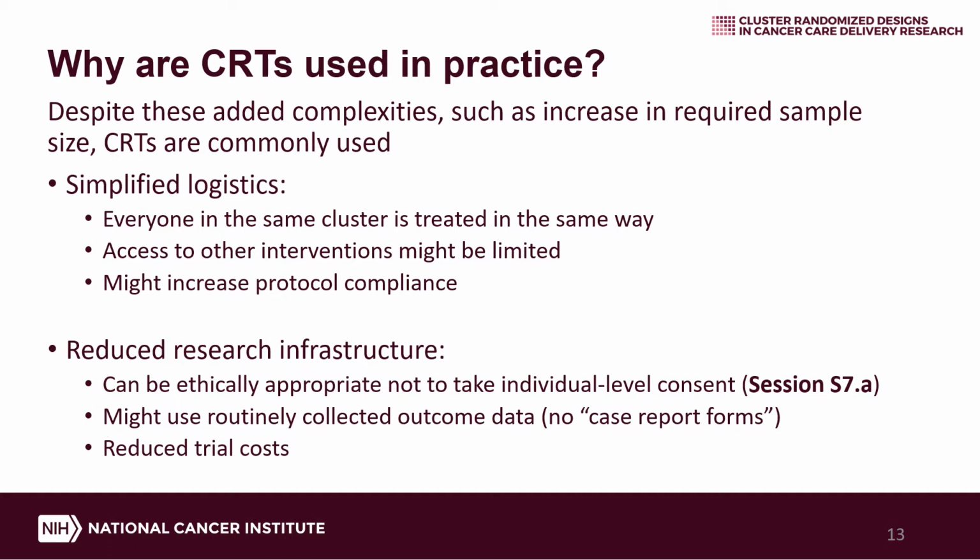Access to other interventions might also be limited, and this might increase protocol compliance. Cluster trials might also require a reduction in research infrastructure. This can be particularly the case if it is ethically appropriate not to take individual level consent, and will also materialize if it's appropriate to use routinely collected outcome data, so we can do away with what we might call case report forms. And all of these things might reduce the trial costs.